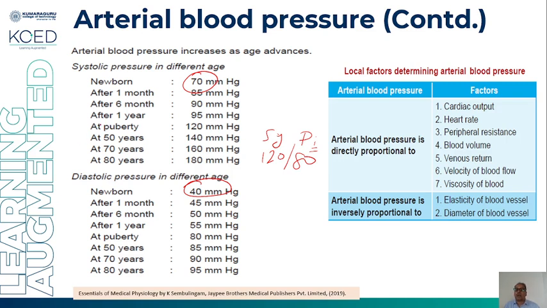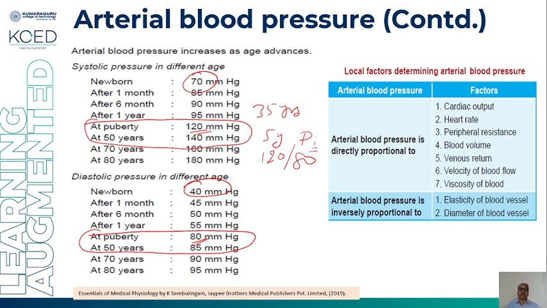Take this condition: at least from puberty up to 50 years, say almost 30 to 35 years, we maintain a systolic pressure of 120 mmHg. Similarly, in the case of diastolic pressure, from puberty to 50 years, almost for 30 to 35 years, we maintain a diastolic pressure of 80.